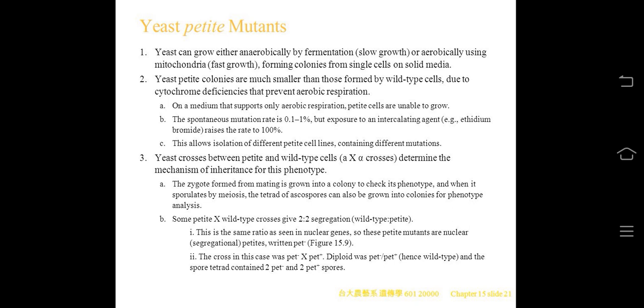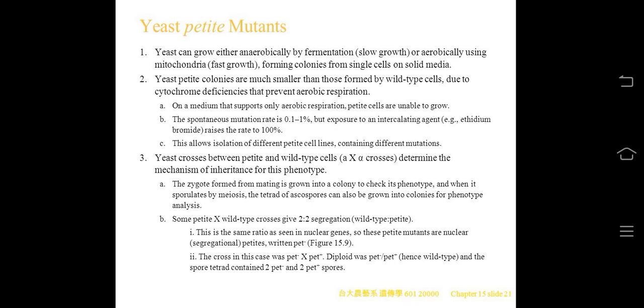Yeast crosses between petite and wild type cells determine the mechanism of inheritance for this phenotype. The zygote formed from mating is grown into a colony to check its phenotype, and when it sporulates by meiosis, the tetrad of ascospores can also be grown into colonies for phenotype analysis.